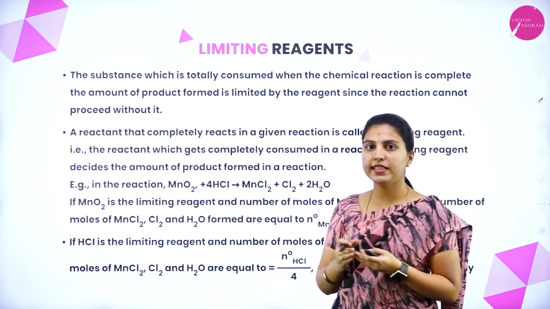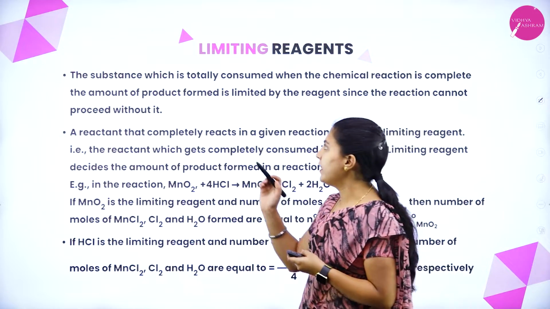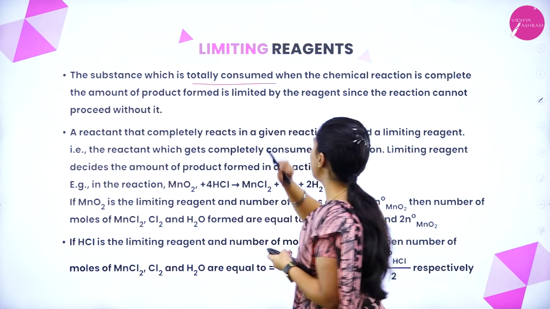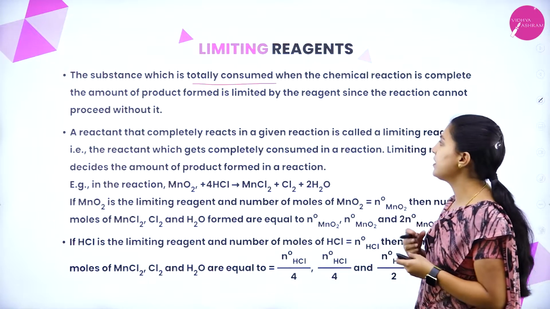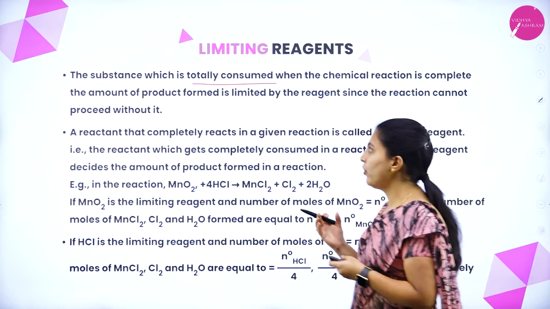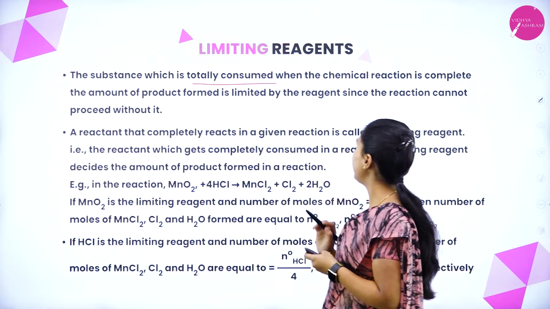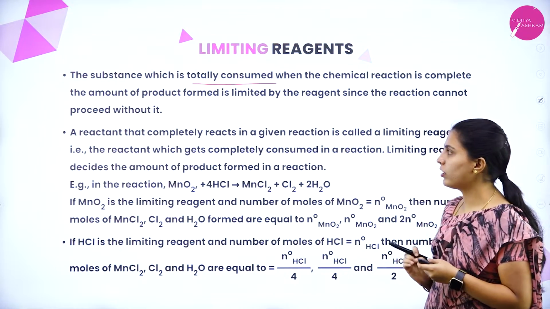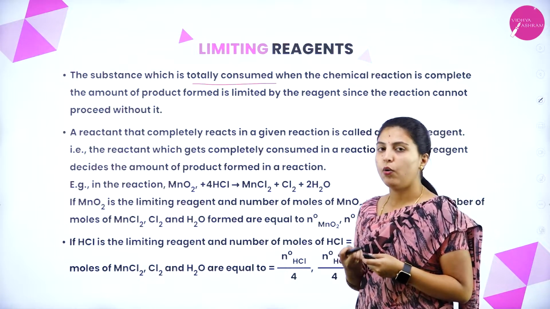Next is limiting reagent. The substance which is totally consumed when the chemical reaction is complete, the amount of product formed is limited by the reagent, since the reaction cannot proceed without it. What does it mean?